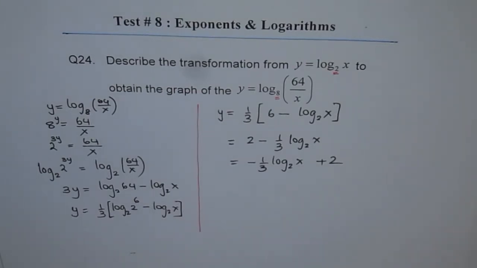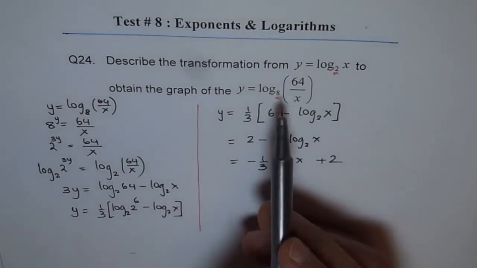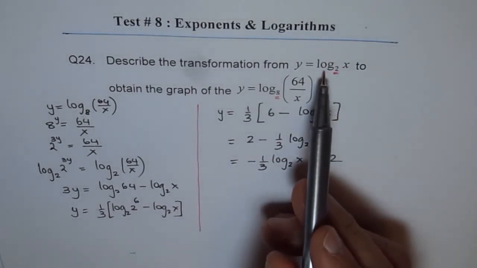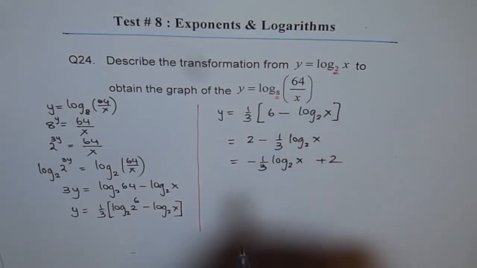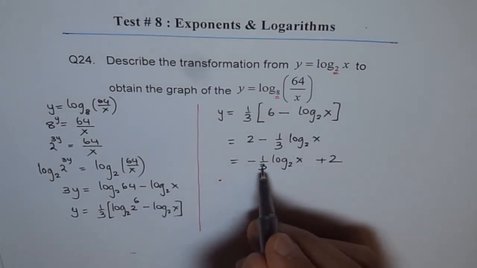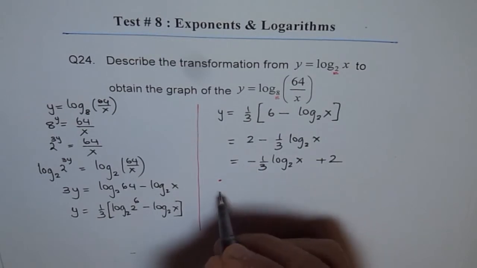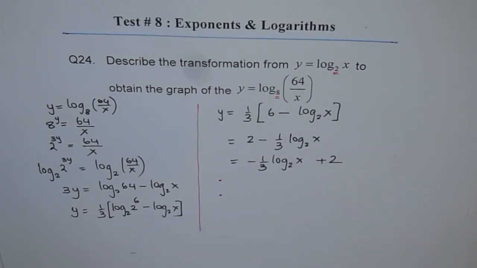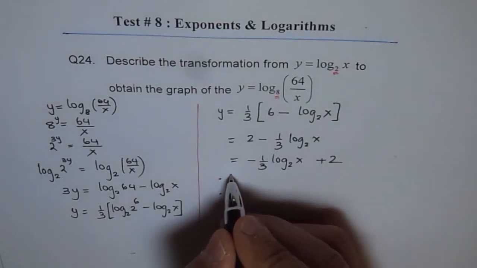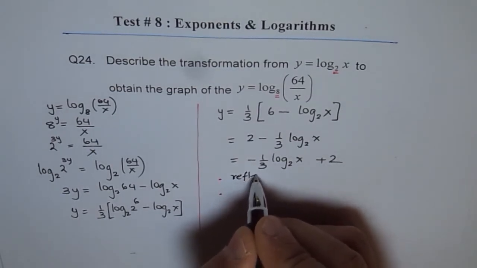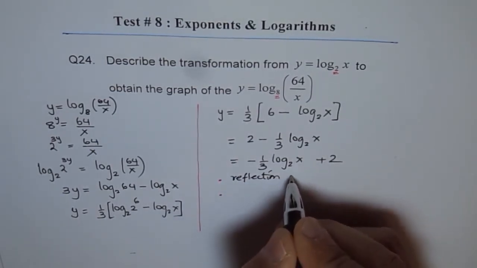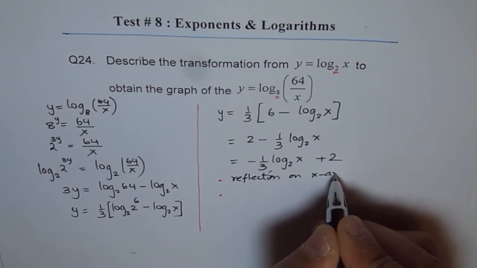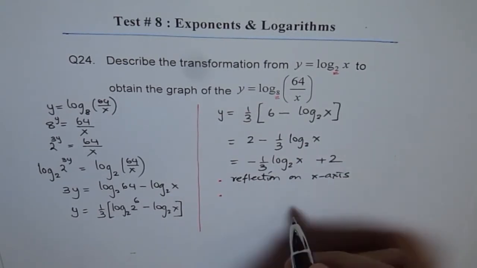And now from here you can write down how this function is related to log to the base 2 of x. So the transformations are: we can write reflection first, reflection on the x-axis, correct? So that is a vertical reflection.